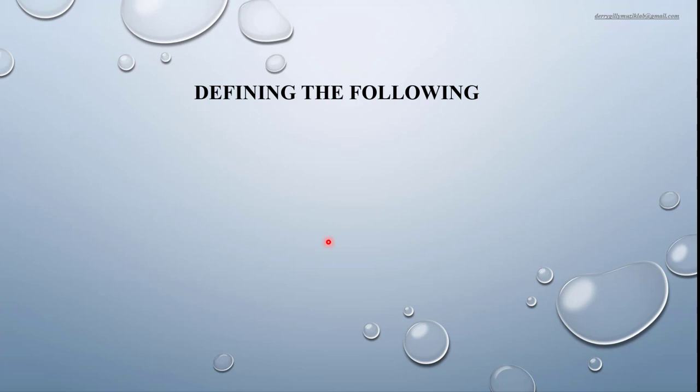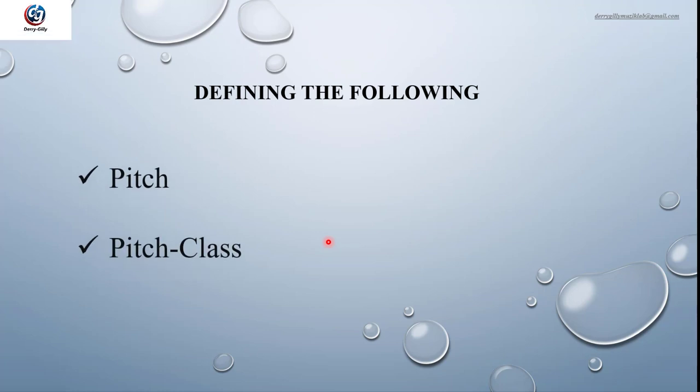Now let's try and define the following. Pitch. When we talk of pitch, what does it mean? A pitch is defined as the relative highness or lowness of sound, and this is a general definition. In music, we speak of pitch as a specific tone that is specifically placed and notated.